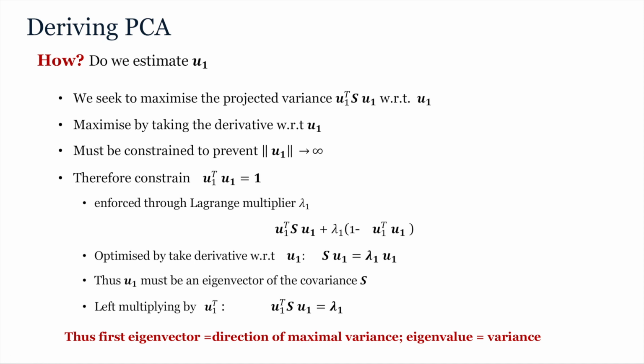This means that U1 must be an eigenvector of the covariance matrix S. And if we reorder this equation by pre-multiplying through by U1 transpose, which will remove U1 from the right-hand side, since U1 transpose U1 is equal to 1, this gives us our expression for the projected variance from the previous slide, and thus the first eigenvector represents the direction of maximal variance, and the eigenvalue lambda1 returns the magnitude of the variance in that direction.